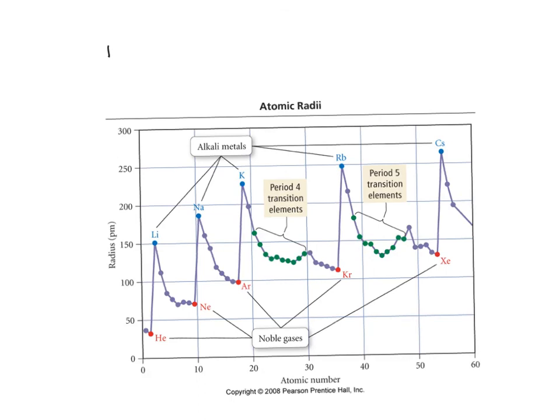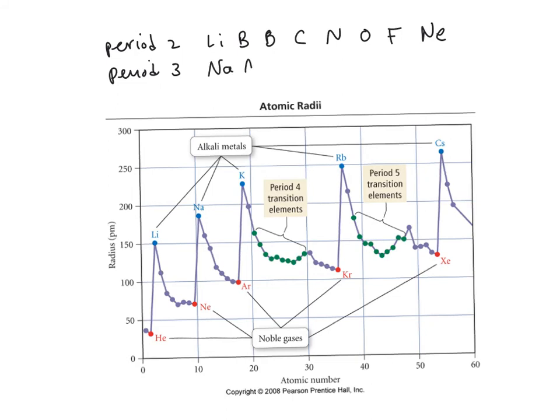So period 2, the elements are lithium, beryllium, boron, carbon, nitrogen, oxygen, fluorine, and neon. And in period 3, it's sodium, magnesium, aluminum, silicon, phosphorus, sulfur, chlorine, and argon.